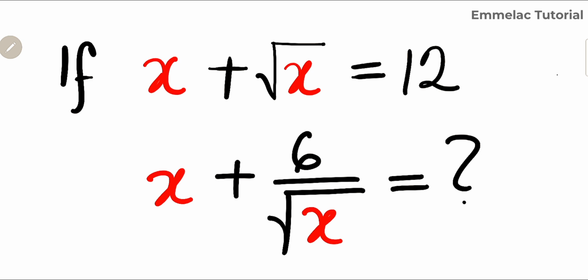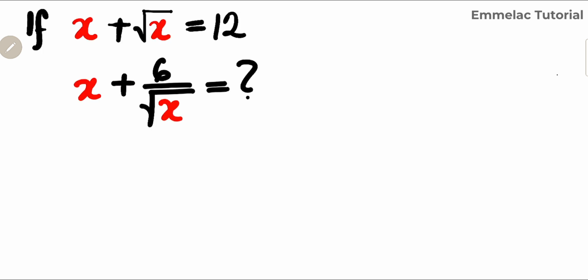Let's get started. The first thing we need to look at here is, if you take a look at the first equation and the question itself, you see that something is similar, which is the square root of x and x.